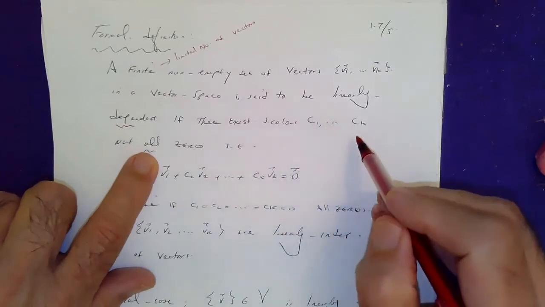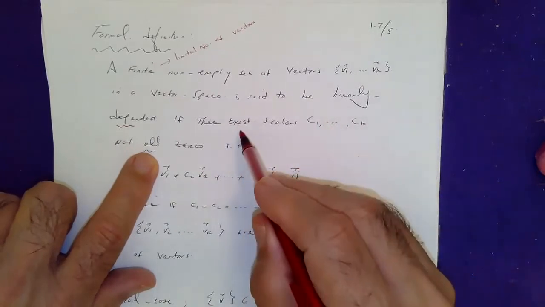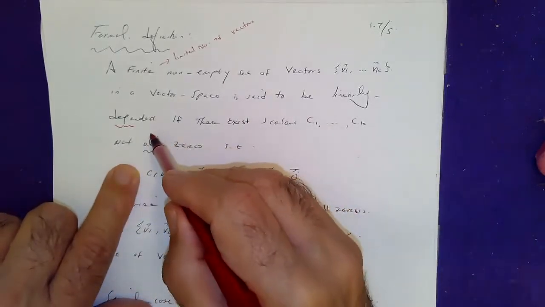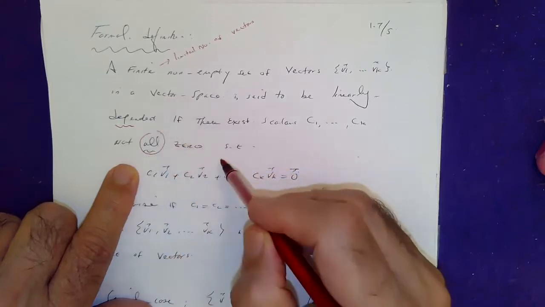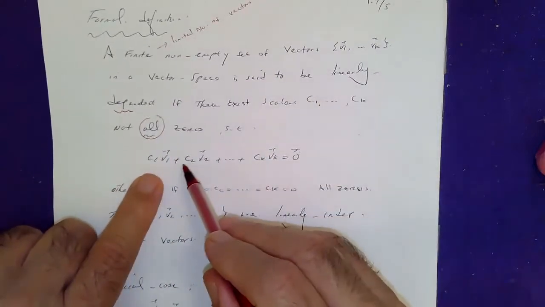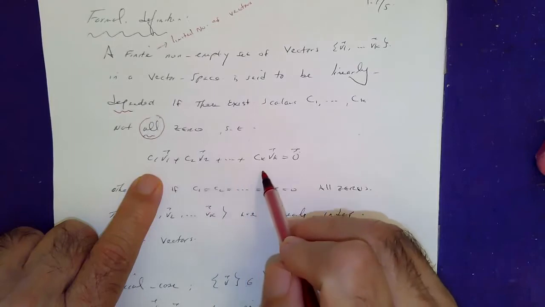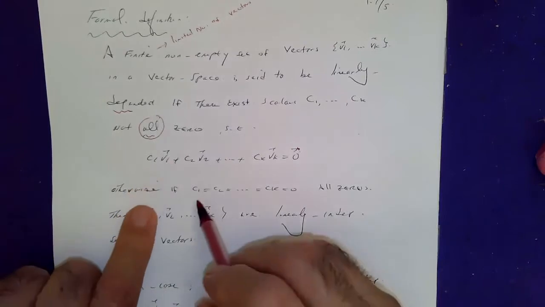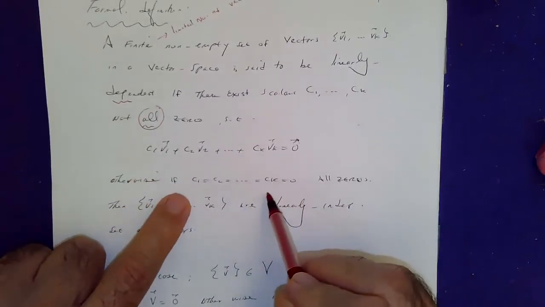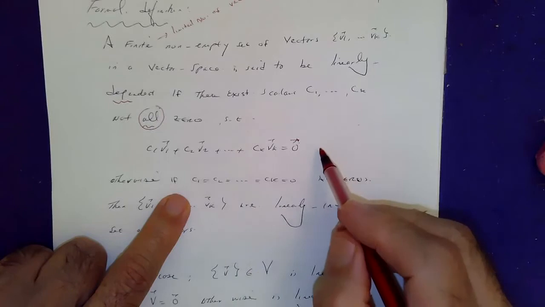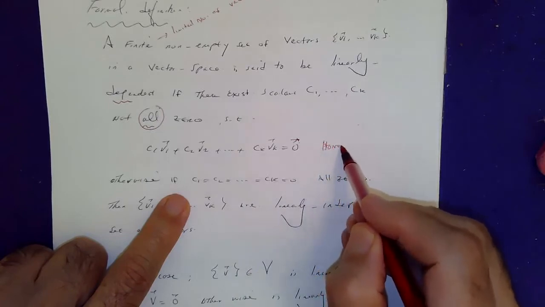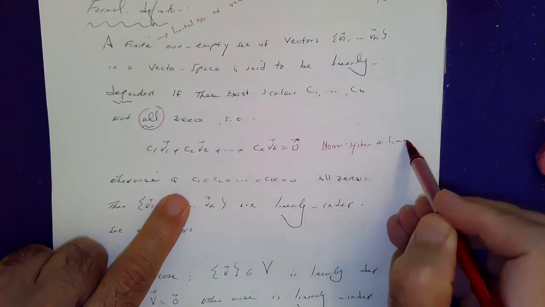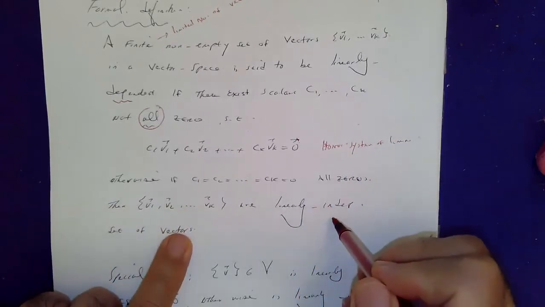If there exist c1 through ck, remember there exist means we must find them, not all zero, so they cannot be all zero, such that c1 v1 plus c2 v2 plus all the way to ck vk is equal to 0. If all the c's happen to be 0 by solving this so-called homogeneous system of linear equations, then they are linearly independent.